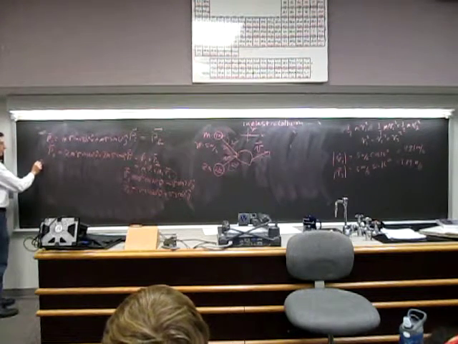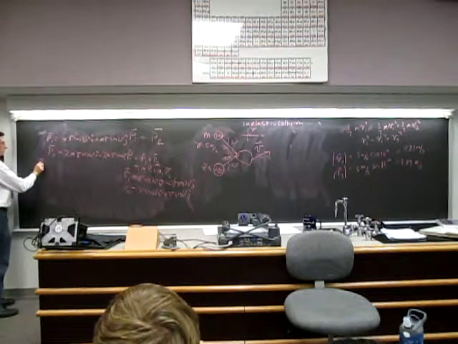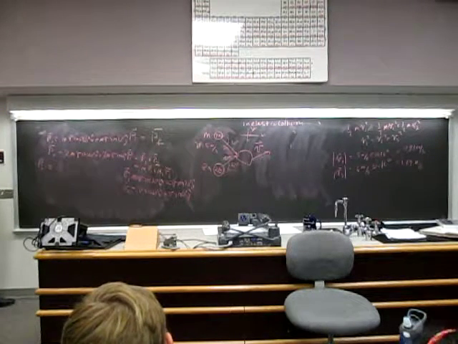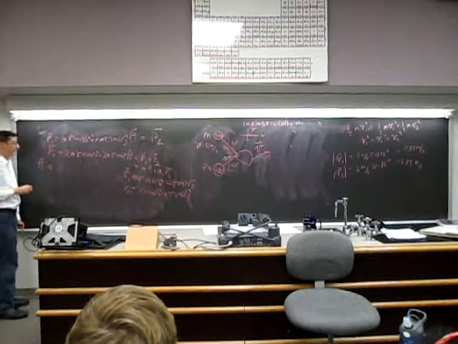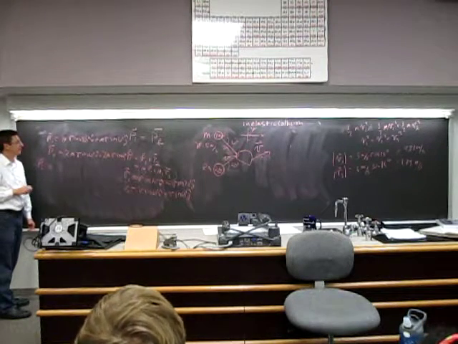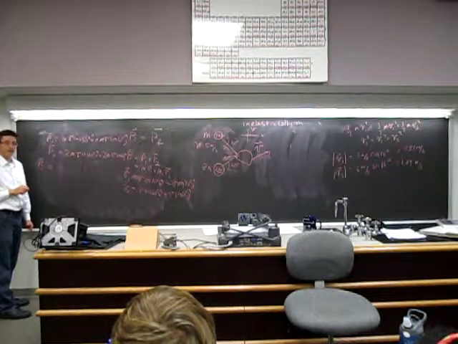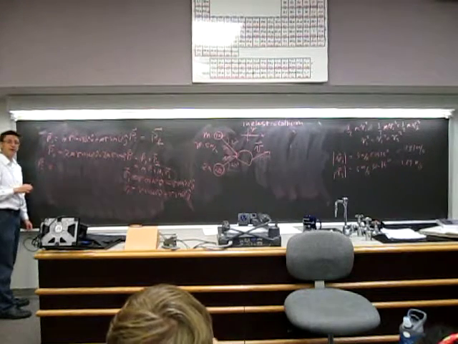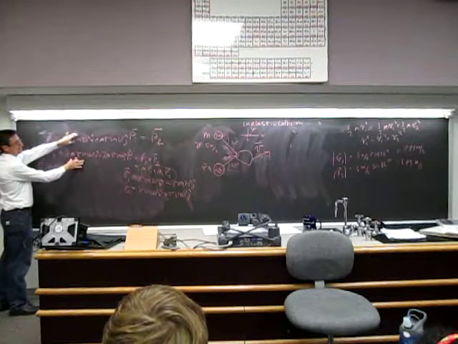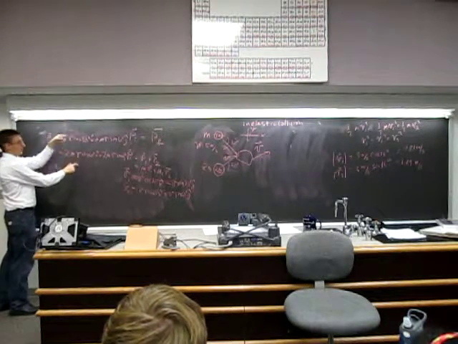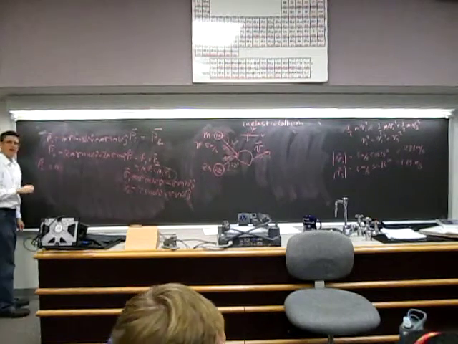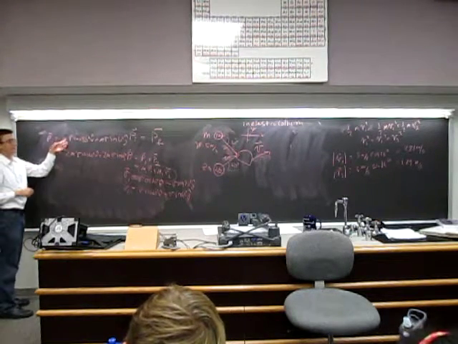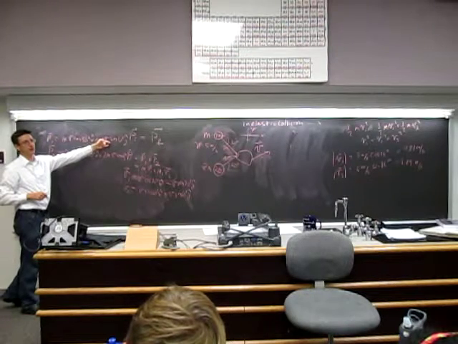So P total, P initial, which is P1 plus P2, what would that be? I can actually factor it in. So I just add the x's together and then I add the y's together, right?